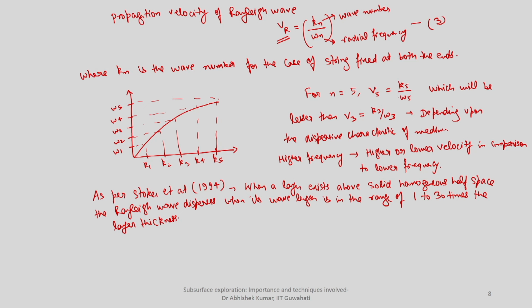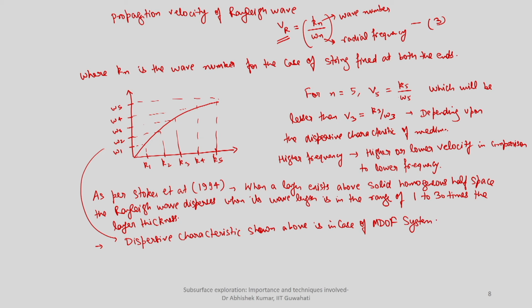Because I discussed dispersive characteristic, which is shown above, it is in case of a heterogeneous, like MDOF system, and in this case we are interested, particularly when we go for subsurface exploration, this MDOF system you can consider as multiple layers of soil.